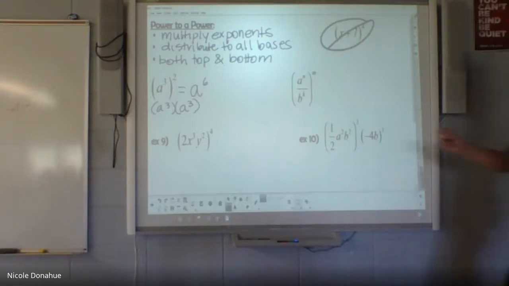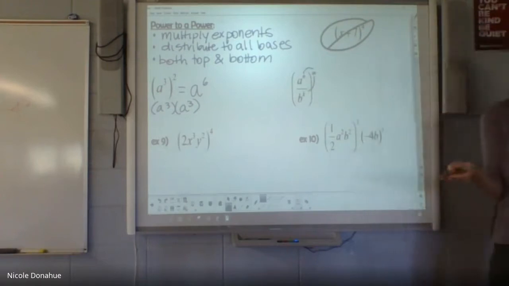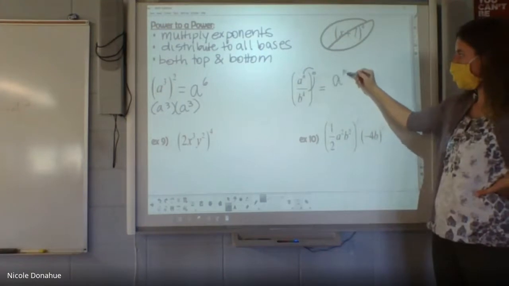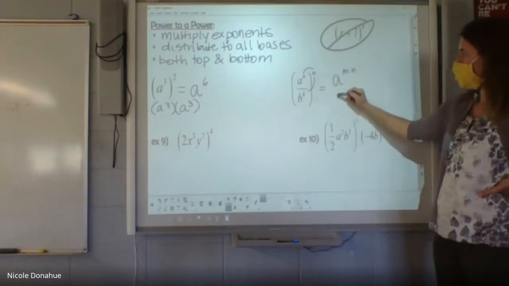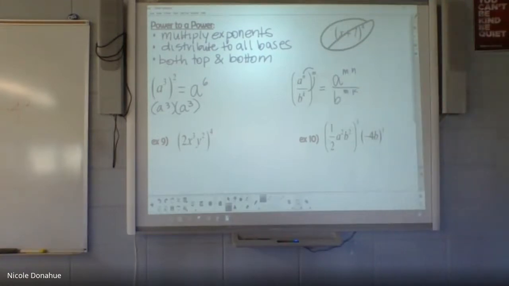In this case, this m is going to be distributed to the top and the bottom. You're not going to be able to do much with this because they're all variables. So this is m times n, and then this is going to be over b to m times k. Just multiply those exponents together.